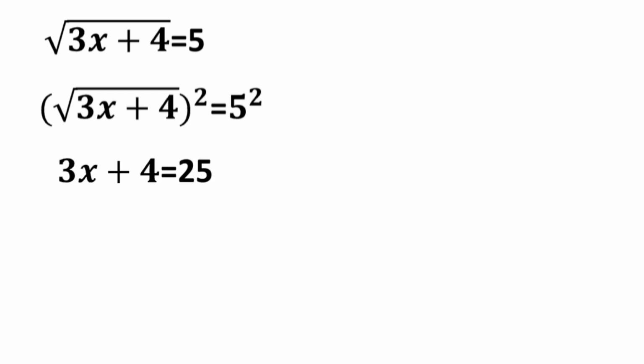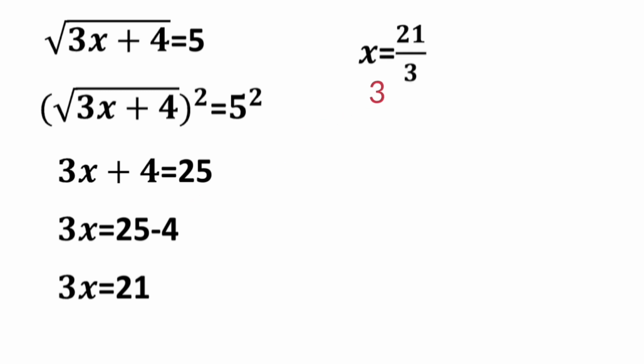So we have 3x plus 4 equals 25. Then move 4 to the right side of the equation. We have 3x equals 25 minus 4. 25 minus 4 is 21. So we have x equals 21 divided by 3, and this is x equals 7. So that's the solution to the problem.